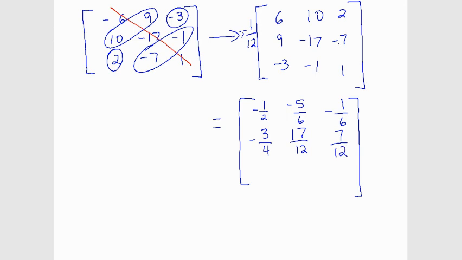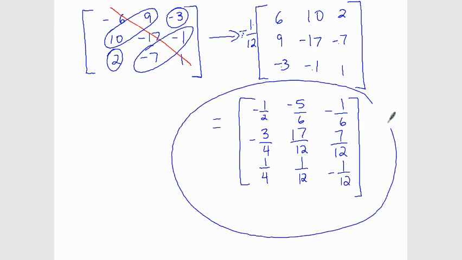Looking really good. Again, go watch the video if you don't believe me, but I'm right. Of course I am. Negative 1/12 times negative 3 is positive 3/12. That's a 1/4. Negative 1/12 times negative 1, that's a positive 1/12. Then a negative 1/12 times a 1 is a negative 1/12. And we are done.